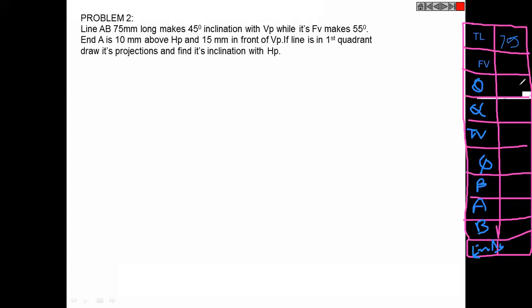Speak up fast. Write down from this line. What is the first number? Okay, 75. We have got. What is this 45 degree? Correct. This is 45.